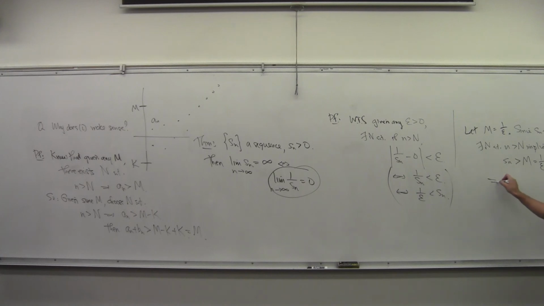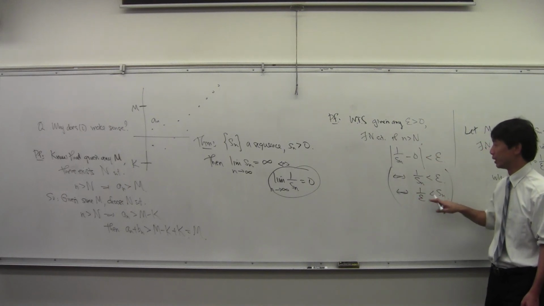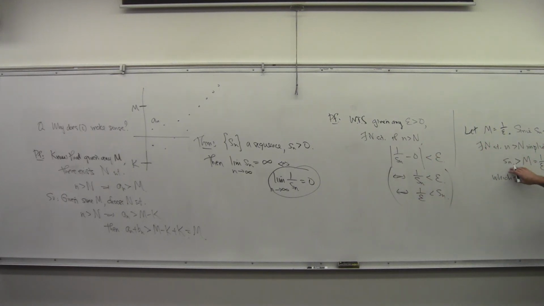That's the same thing as saying that epsilon is bigger than 1 over s of n, which is what we needed. We needed to find an N such that if we're past it, then s of n exceeds 1 over epsilon, and this goes to infinity, so there is such an N where everybody's bigger than 1 over epsilon.